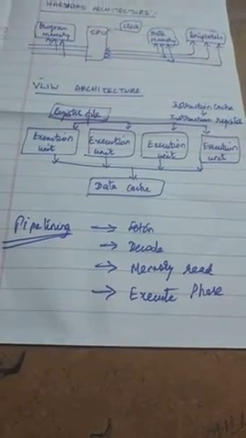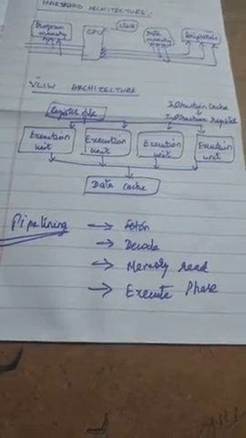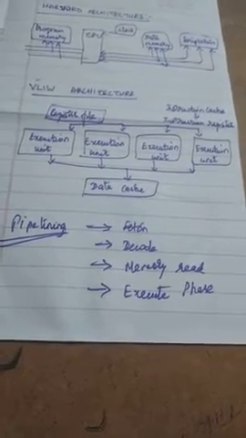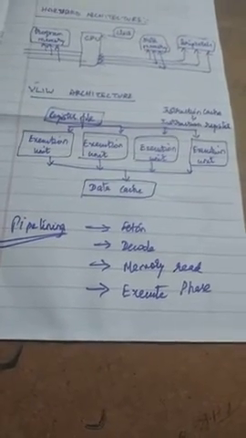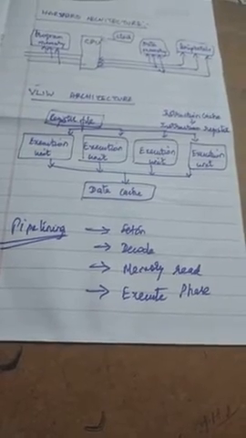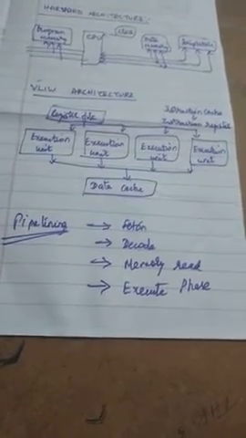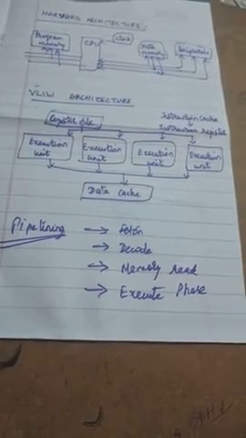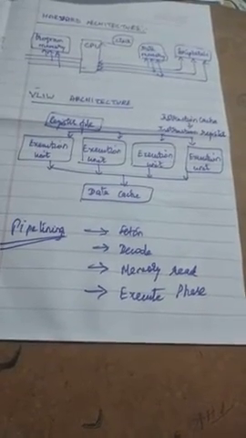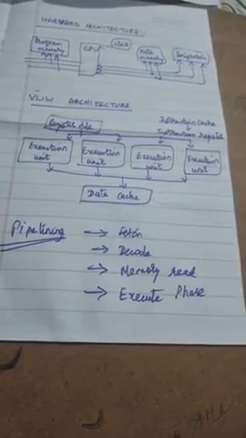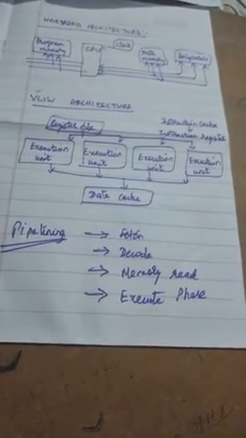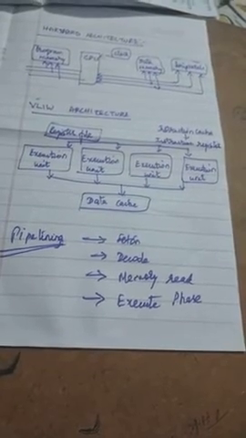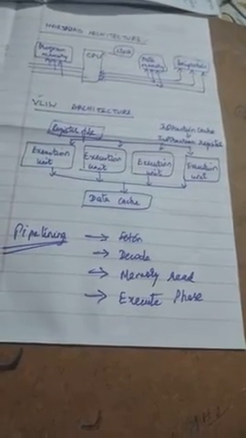These are the main four stages of pipelining. Once again, pipelining is mainly used to improve efficiency, and it is mainly used in advanced microprocessors and DSP controllers. The first stage is fetch, which stores the next instruction in the program counter. The second is decode, which decodes the address in the program counter using the instruction register.